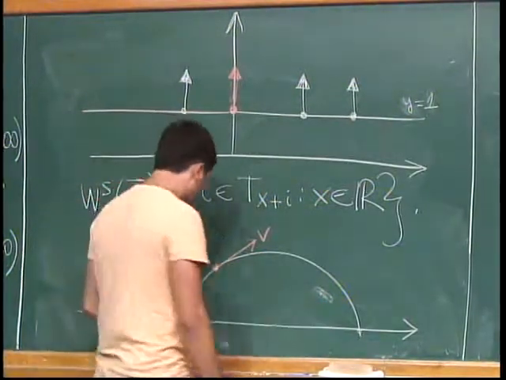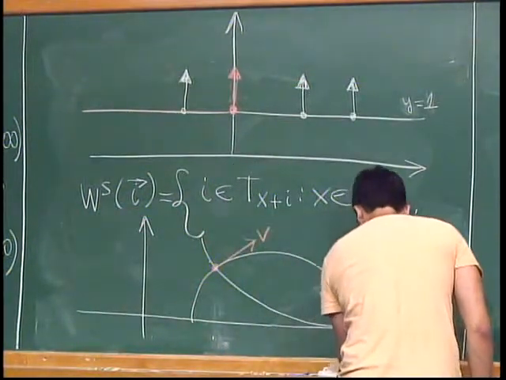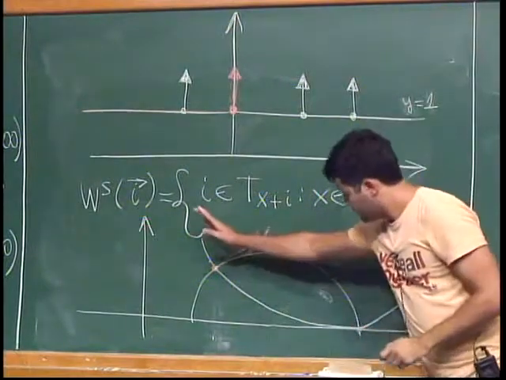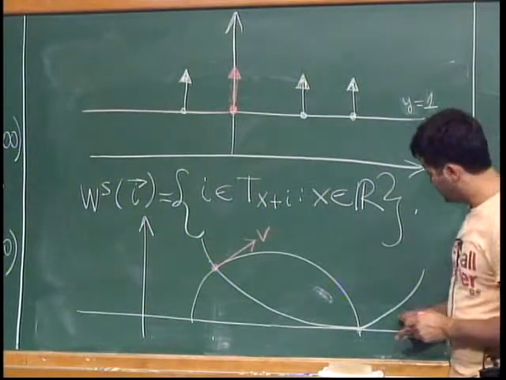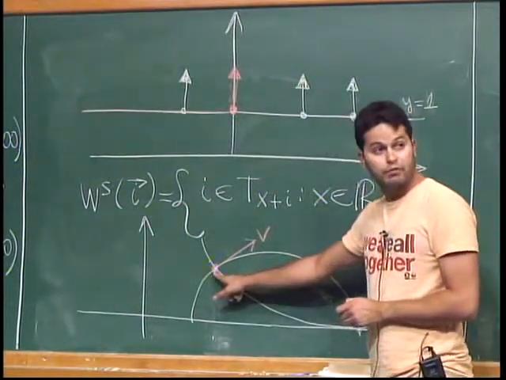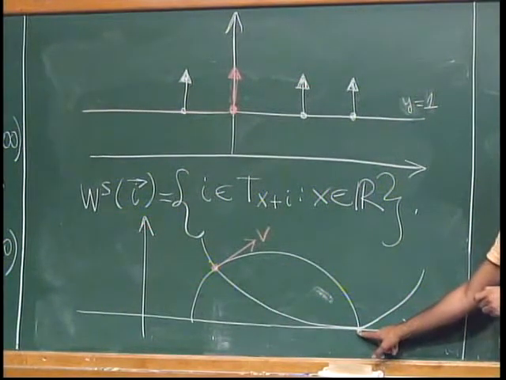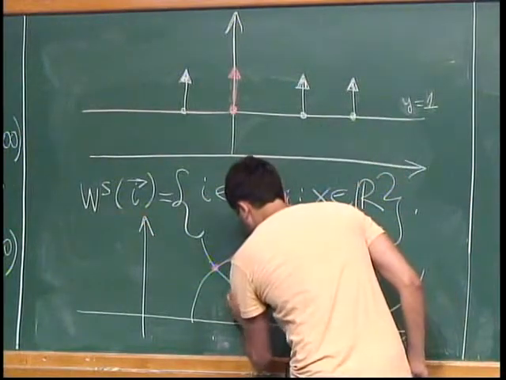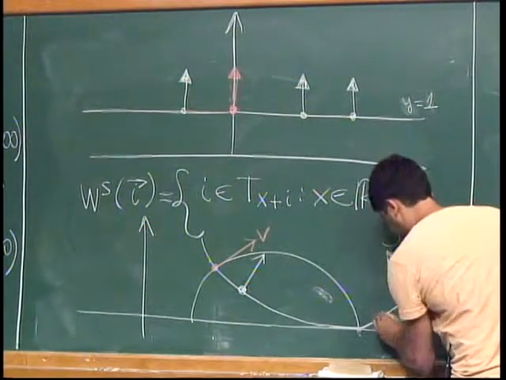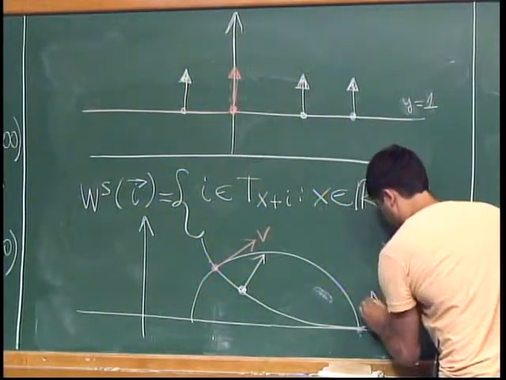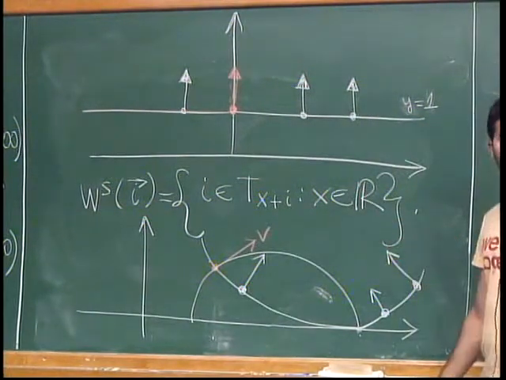Correct? And we can actually draw what is the horocycle, which is the stable set of this guy. It's going to be vectors which are orthogonal to the circle that I drew here. And what does the circle do? It passes through the base point of the vector, and it's tangent to the same point at infinity that the vector converges to. So if you look at all unit vectors with bases on these guys here, this is going to constitute the horocycle, the stable set of this vector.